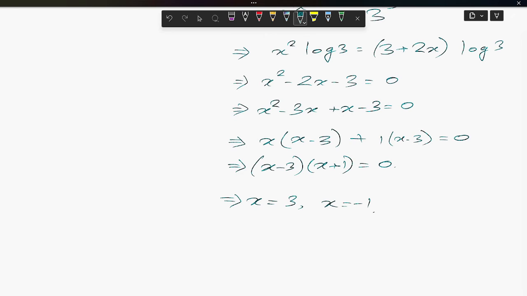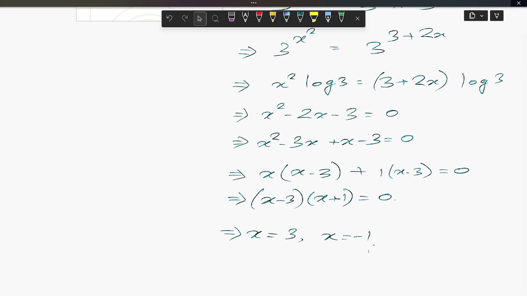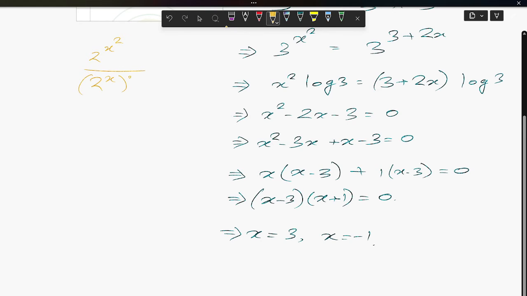Now our simplification is done, and we have solved the quadratic equation as well. So now we are going to evaluate the expression, which is 2 to the power x square by 2 to the power x, whole square.